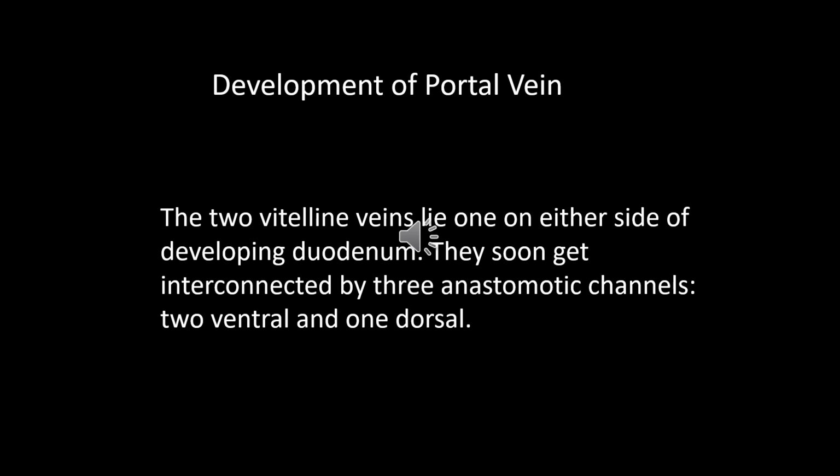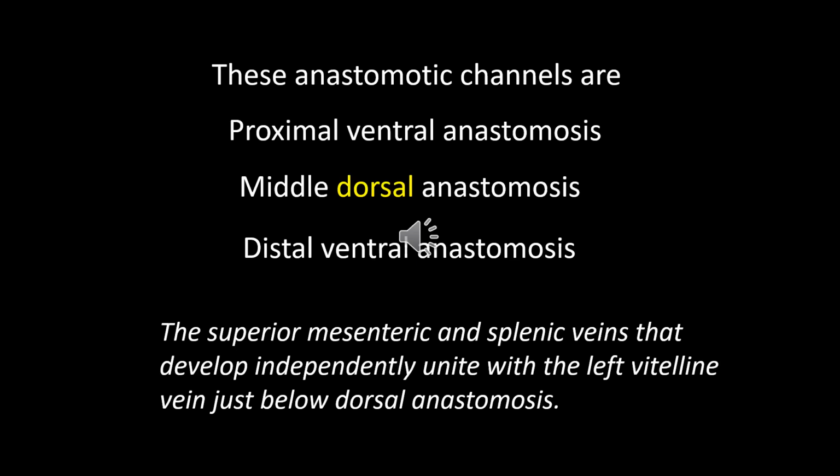Then one anastomotic channel or cross communication behind the duodenum, and another distal which is also ventral. So there are three cross connections connecting the right and left vitelline veins. So two ventral and one dorsal. Dorsal means posterior, ventral means anterior.